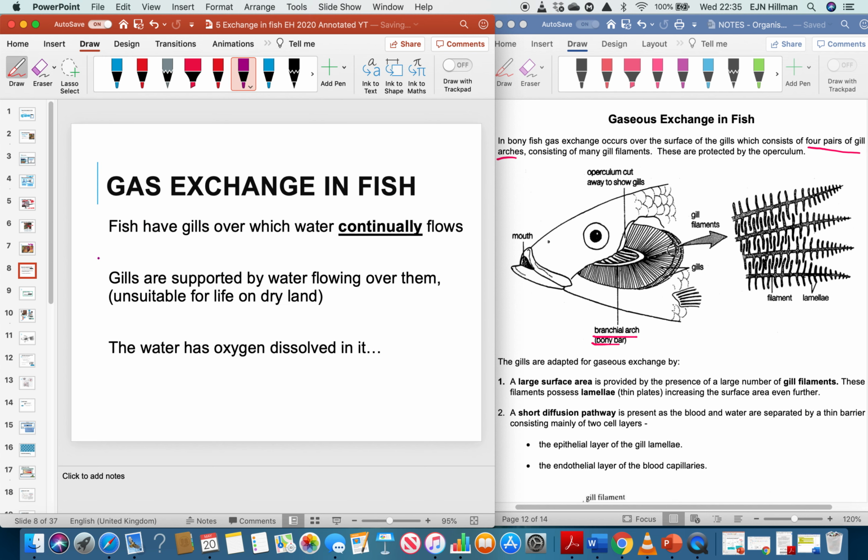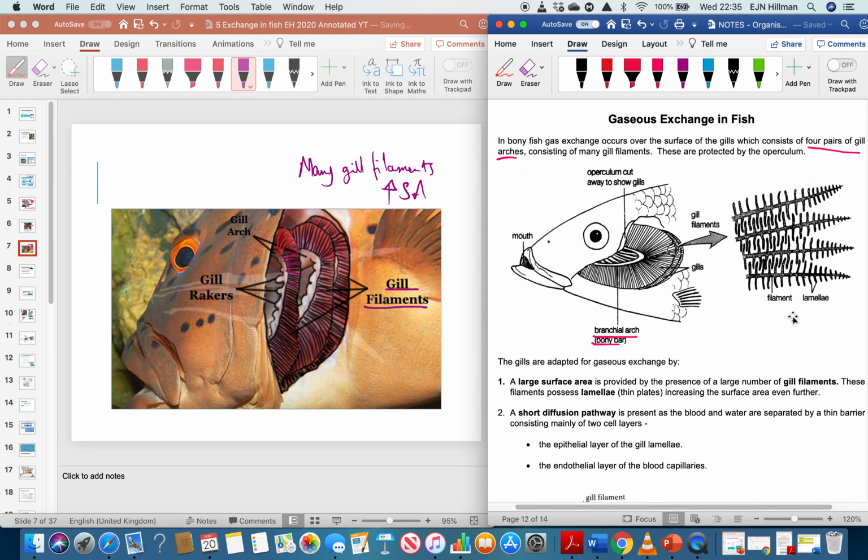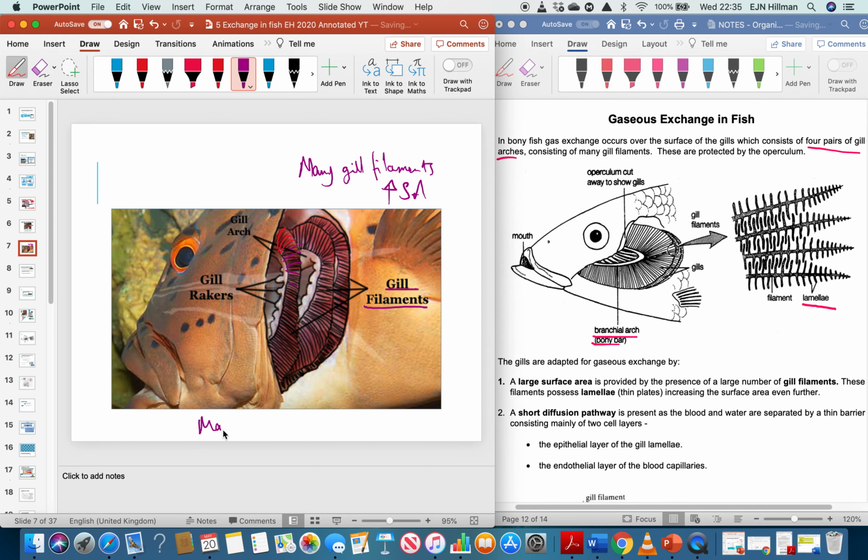Okay. On top of those gill filaments, if we have a look at the notes here, are another layer or another level of structure called the lamellae. And there are many lamellae on each of the gill filaments. So many lamellae further increase the surface area.